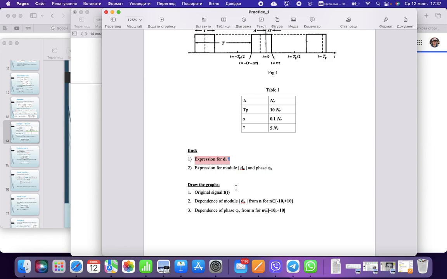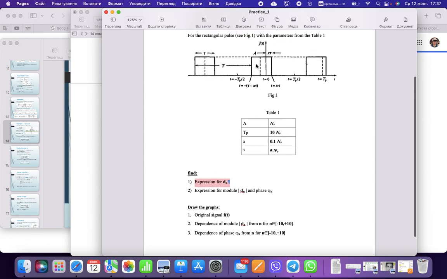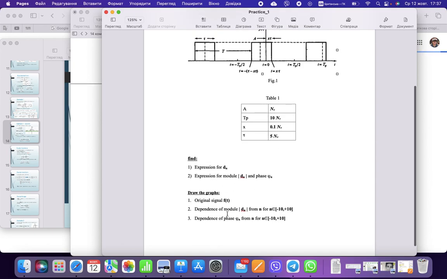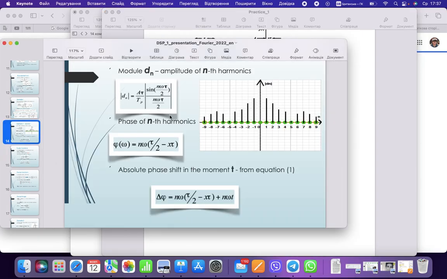And for the graphical part of your task number 1, the first one is already done, because I told you that the first task is that you just have to draw this graph as a sequence of rectangular pulses with concrete parameters. The second task is the dependence of module dn, and here you take your expression that you already wrote with your parameters. Here there is a number n, and n is like a counter, it's changing.